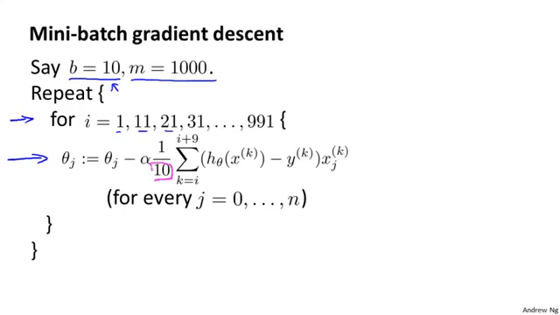So this 10 and this i+9, those are a consequence of having chosen my mini batch size to be 10, and this outermost for loop ends at 991 here, because if I have 1,000 training examples, then I need 100 steps of size 10 in order to get through my entire training set. So this is mini batch gradient descent.